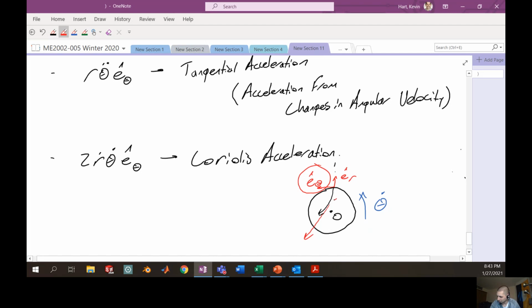And the component that comes from this effect that couples moving my particle in this direction, which would be an r dot term, and having me stand on this rotating platform, which would be a theta dot term, causes some amount of this vector to be in the e hat theta direction, okay? And that amount of acceleration that causes that velocity vector to move in the e hat theta direction is this Coriolis term, 2 r dot theta dot.